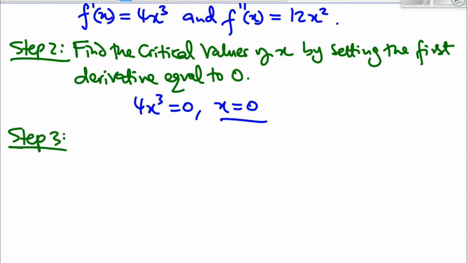Step 3, use the second derivative to determine maximum and minimum points. This is now where we're applying the second derivative test.